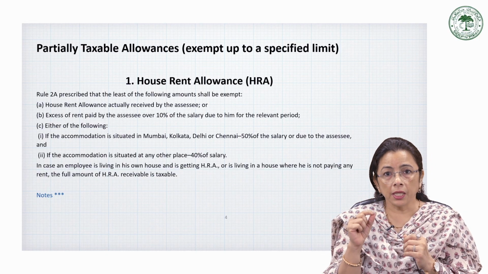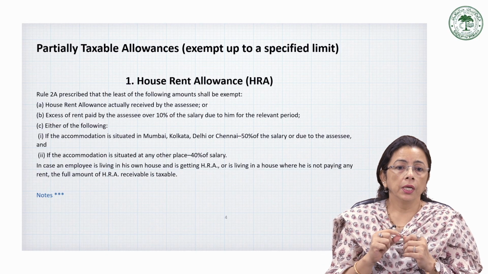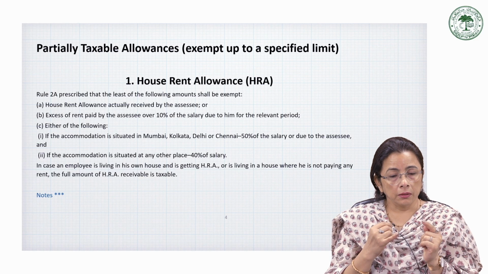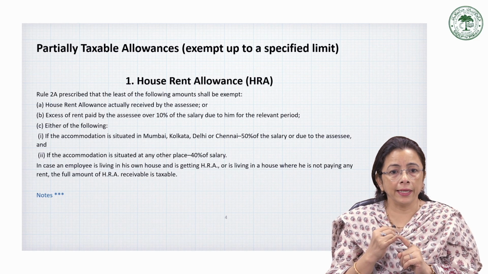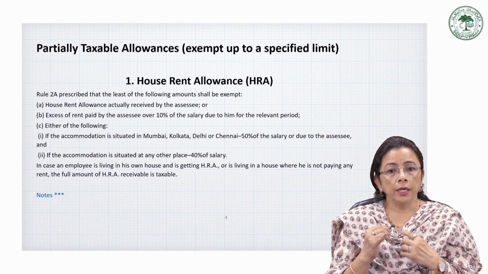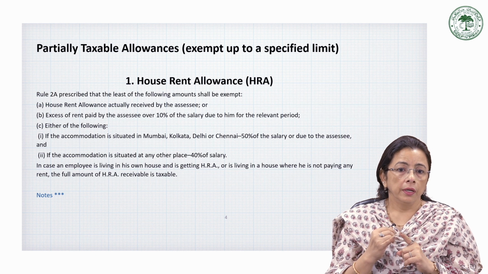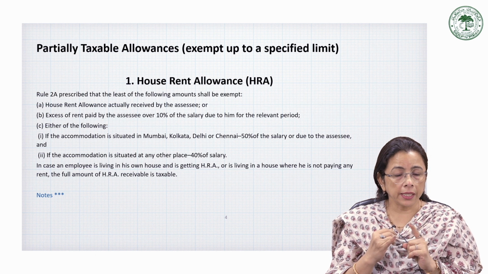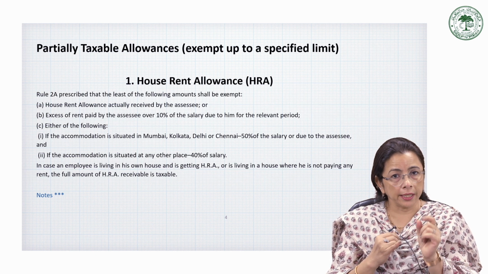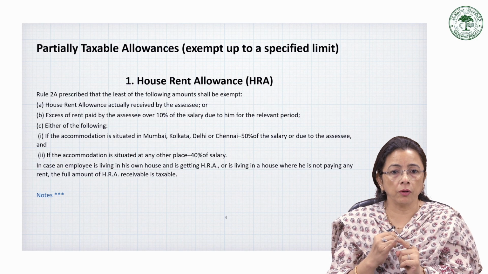The first, as you see here on the slide, is the actual HRA which is received by the employee during the relevant period. First is actual HRA received, so you just have to note it down.